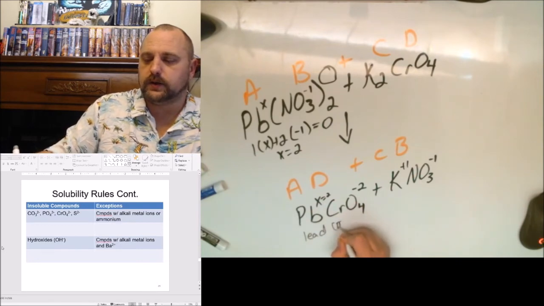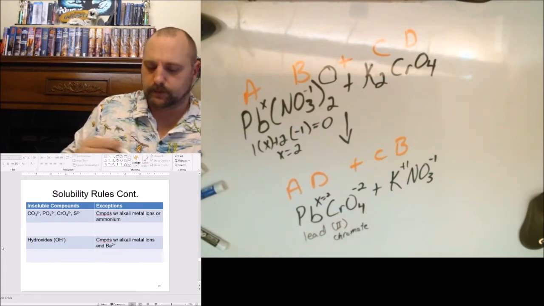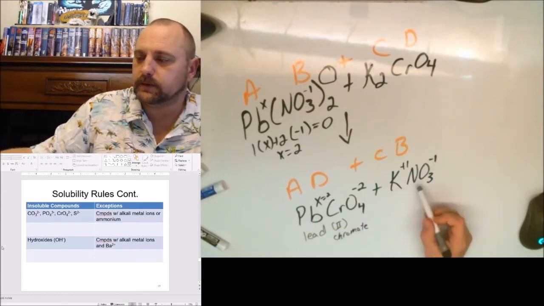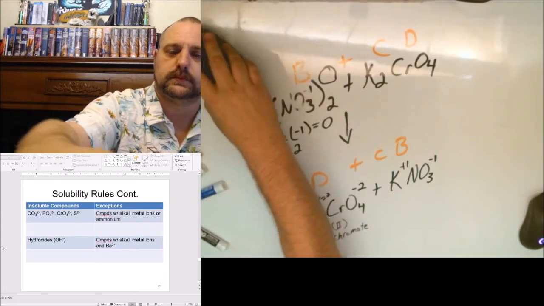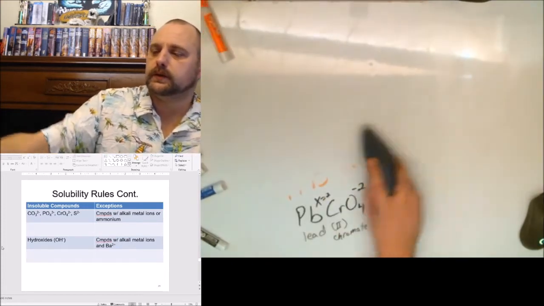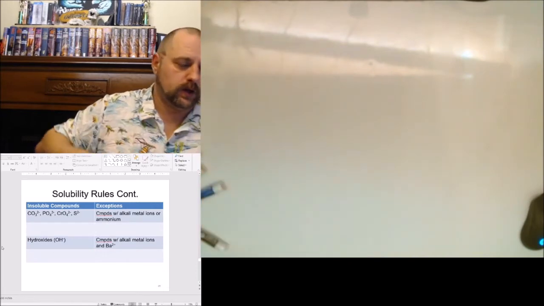The charge is what goes in the parentheses. It's chromate, like that. There we go. And potassium nitrate. All right. So that one, a little more involved.